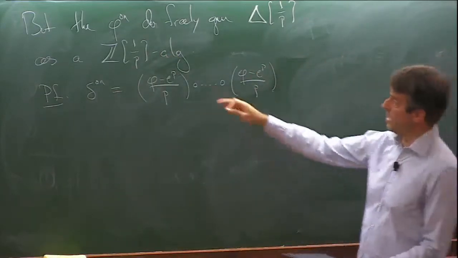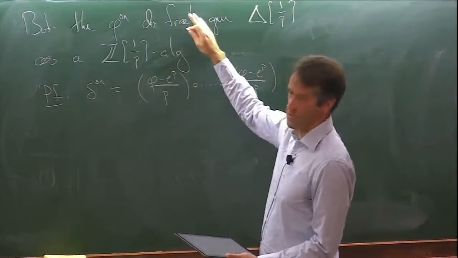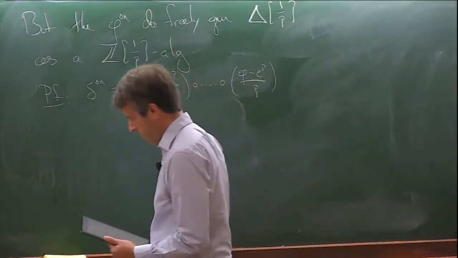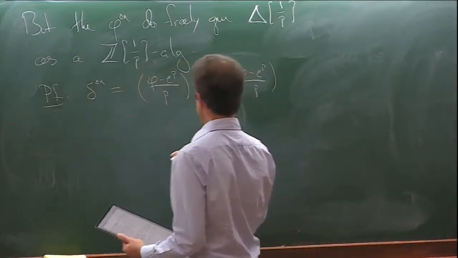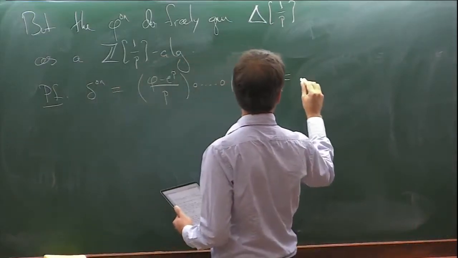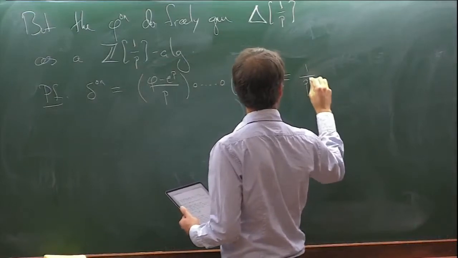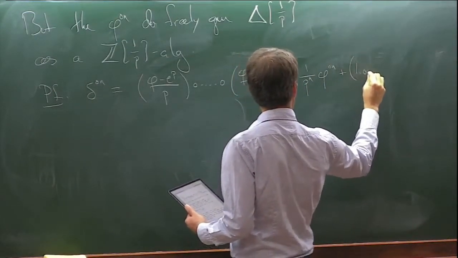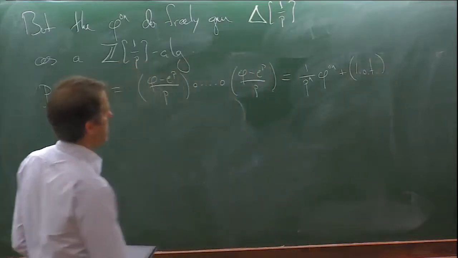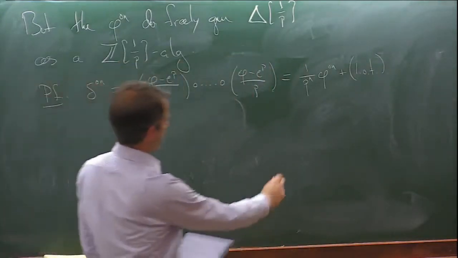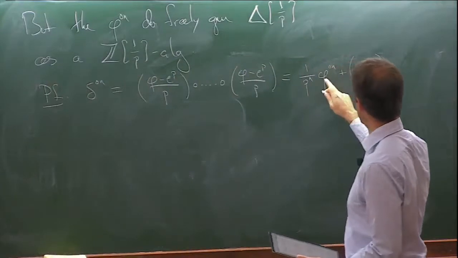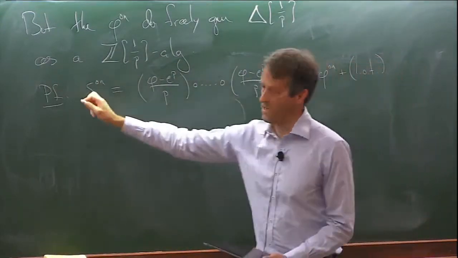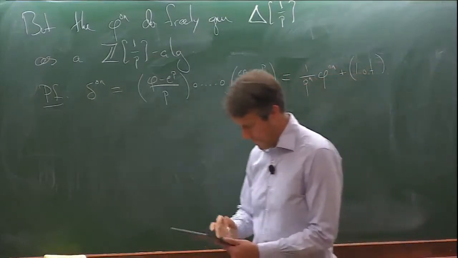So I guess this is why they generate it. Maybe a little more thought would convince you that they generate it freely. So this is 1 on p to the n plus lower order terms. So if you have the phi circle n's and p's in the denominator, you can recover the deltas from them.